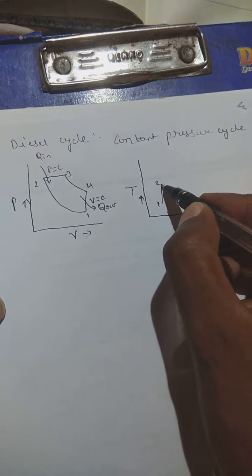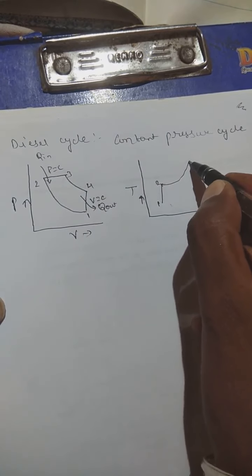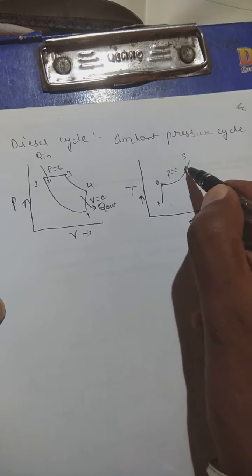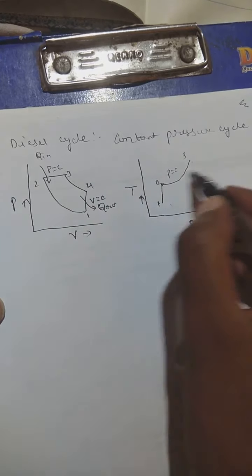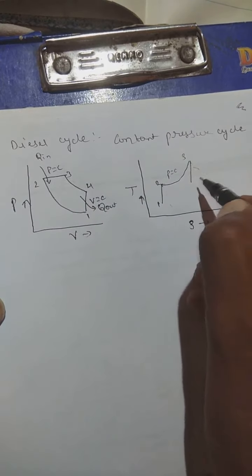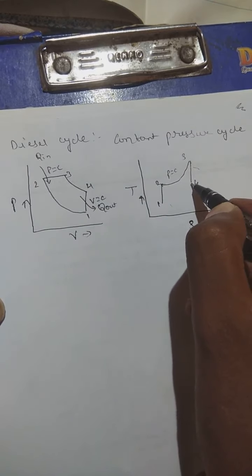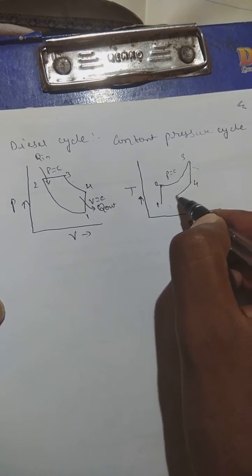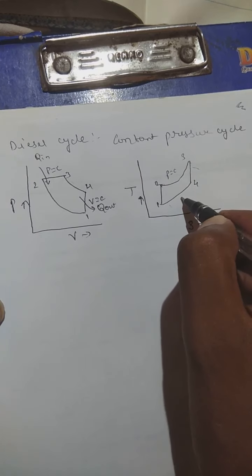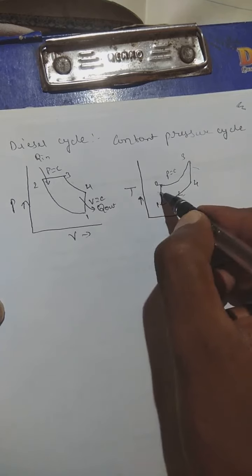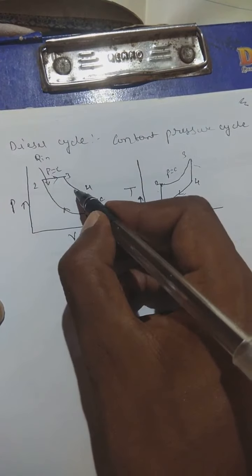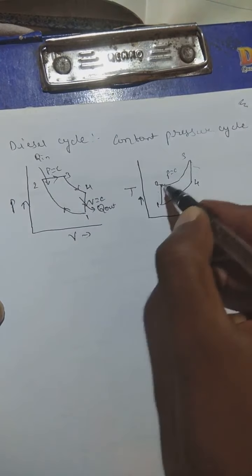So in the TS diagram, constant pressure or constant volume processes are indicated by a curve like this. This is 2 to 3, this is P equals C. 3 to 4 is again adiabatic, so it will be a vertical line 3 to 4, and 4 to 1 is a constant volume process, so again you need to draw a curved line, that is 4 to 1. Here also you can get like this.